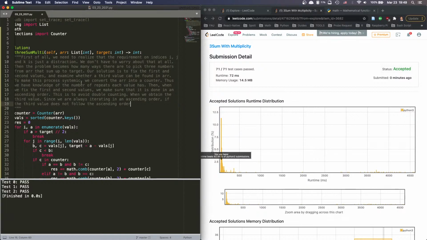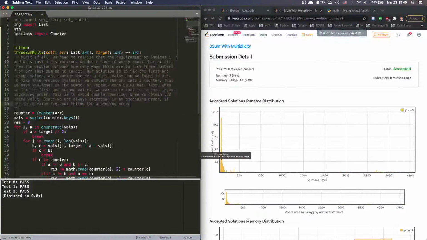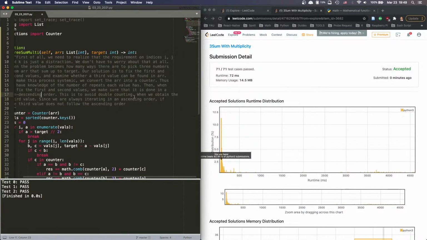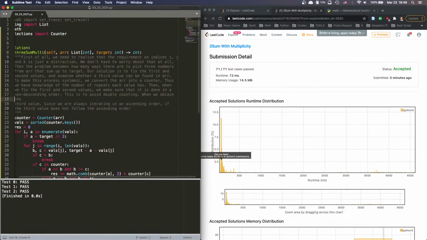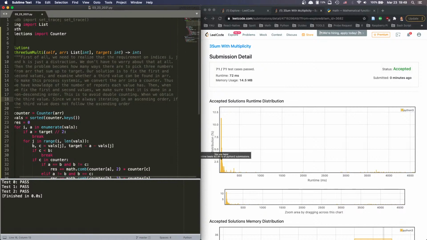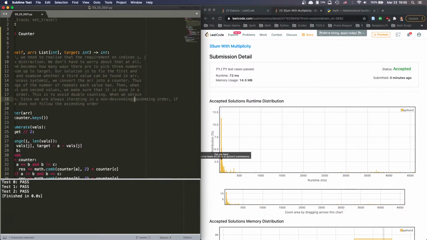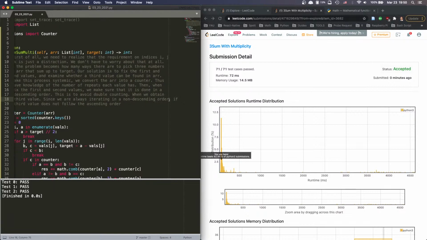Make sure that it's done in non-descending order.